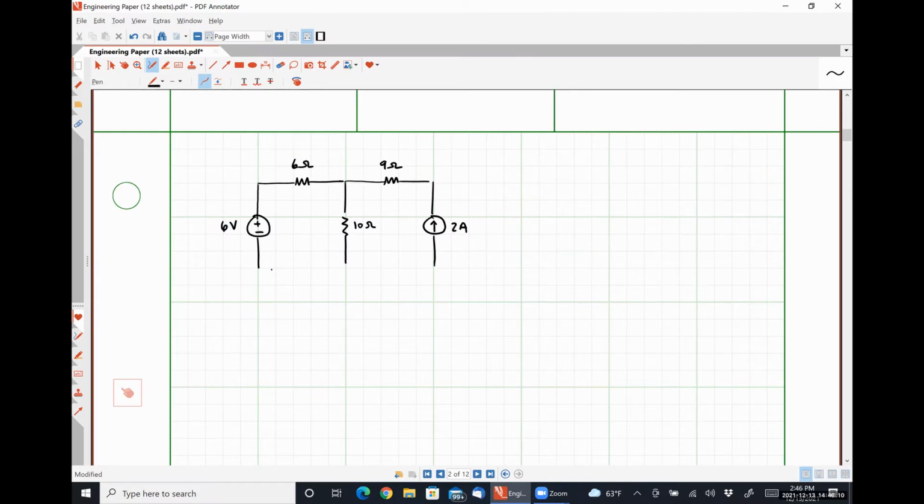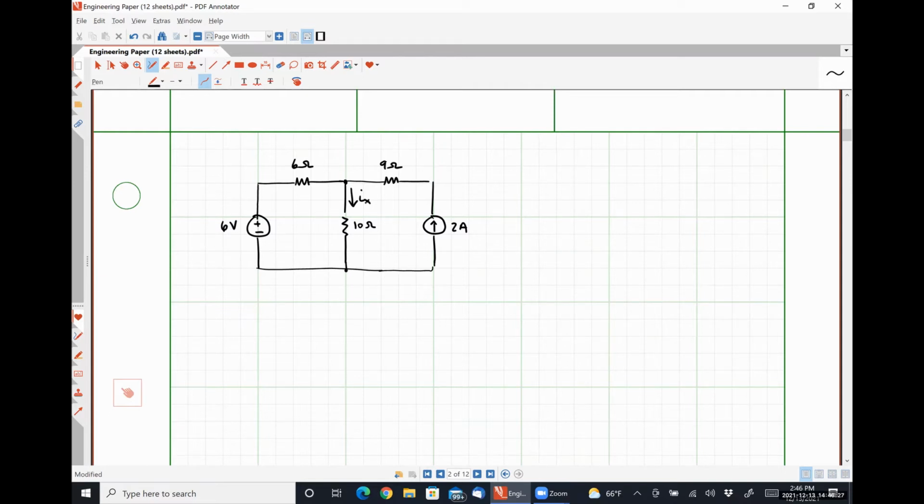And our quantity of interest that we are trying to solve this circuit for is this current Ix flowing down through the 10-ohm resistor.